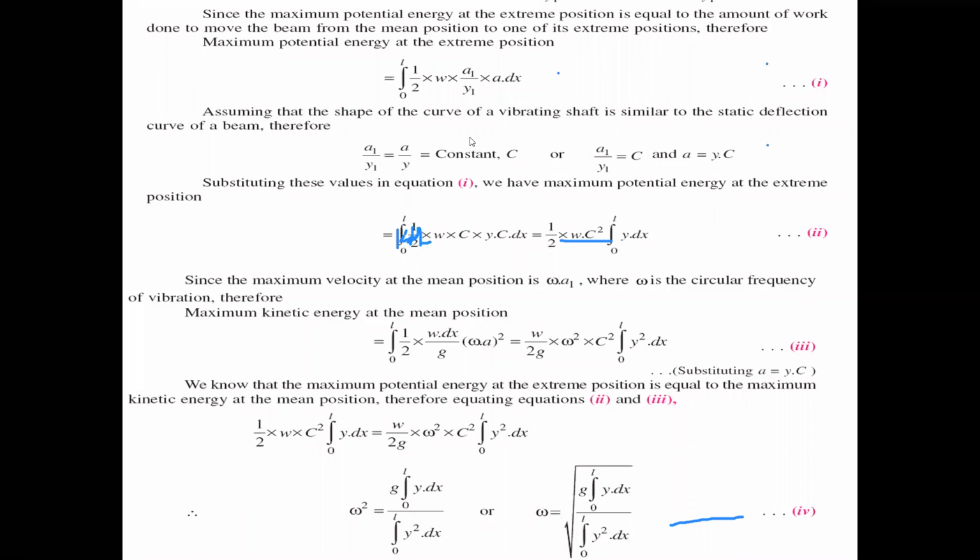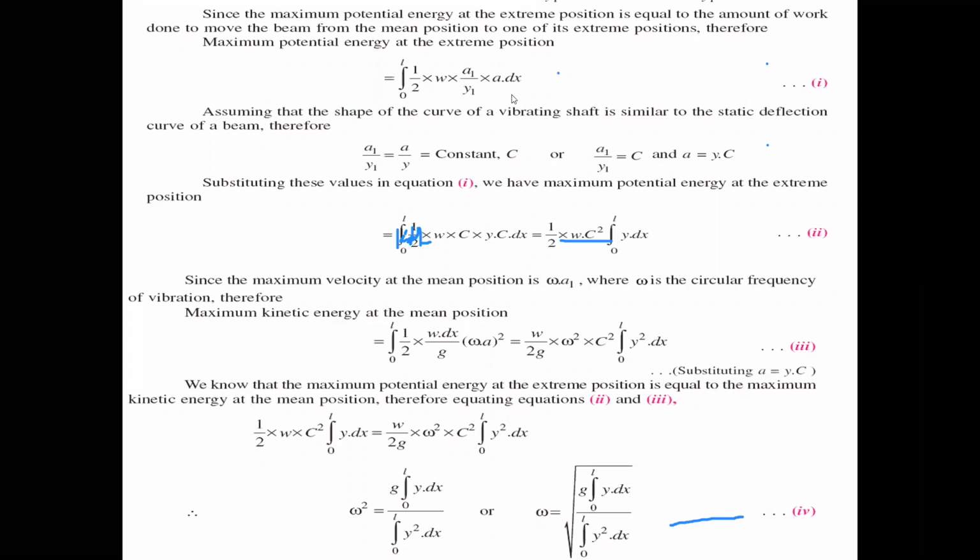So assuming that the shape of the curve of a vibrating shaft is similar to the static deflection curve of the beam. So what type of curve is there? The shape of the vibrating curve seems to be the deflection curve.